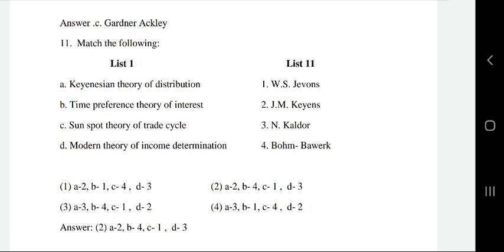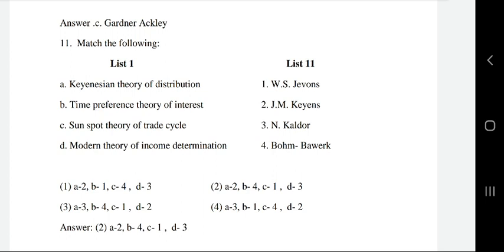Then the time preference theory of interest, also referred to as the agio theory of interest, helps to explain the time value of money. It argues that people prefer to spend today and save for later, so the interest rate will always be positive. For B, the option is 4. 4 is the answer.